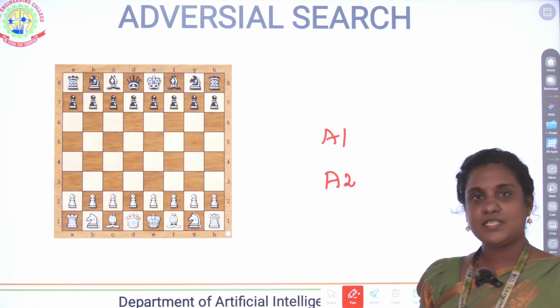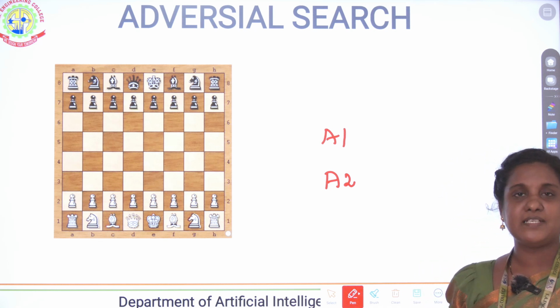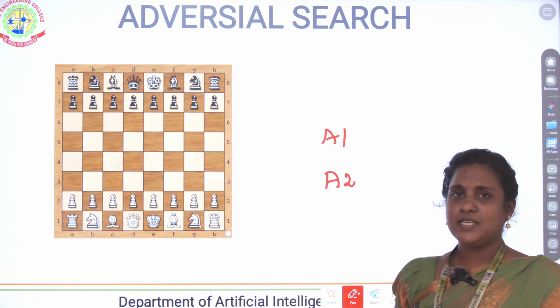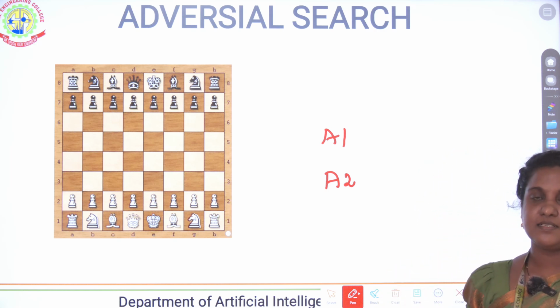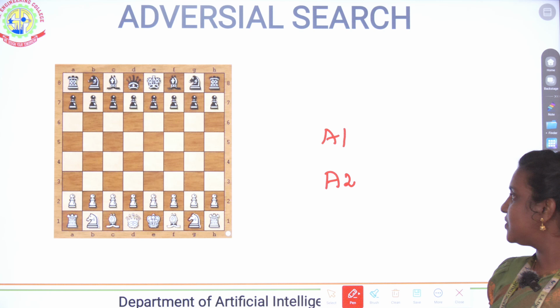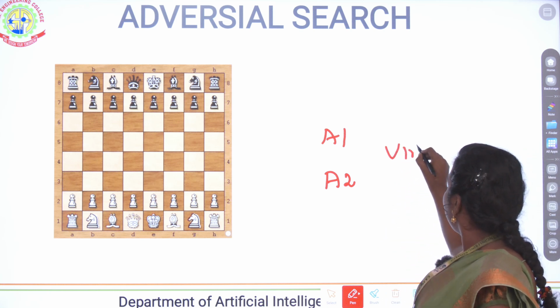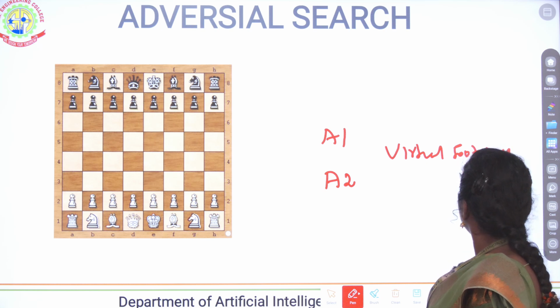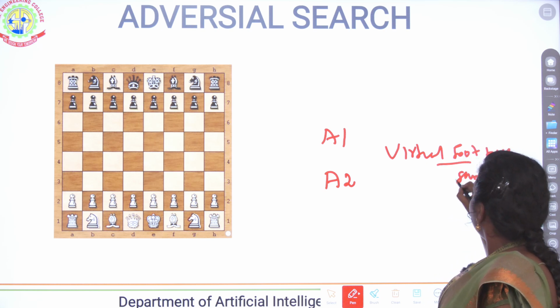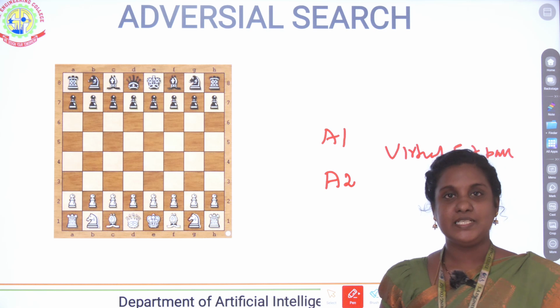Okay, you may think there are only two agents or two players, but no, there can be more than two players or more than two agents also. If you take a virtual football game, 11 players will compete with each other.